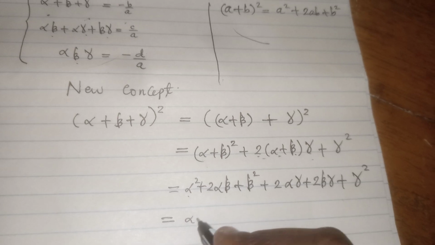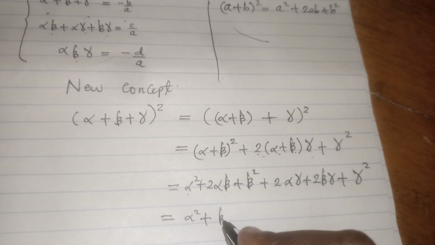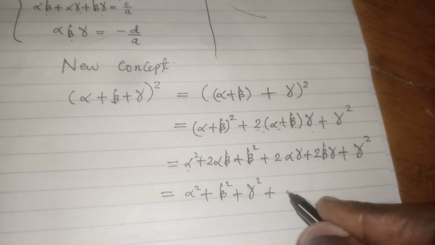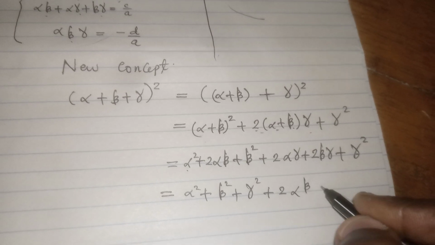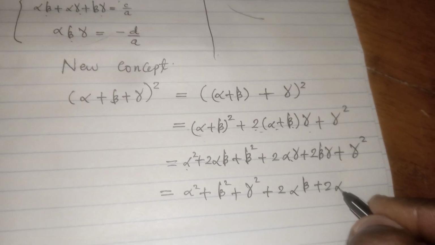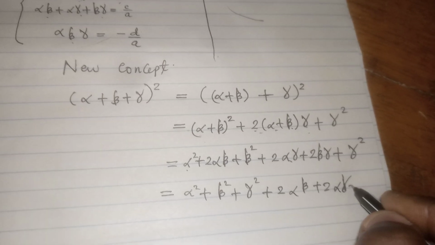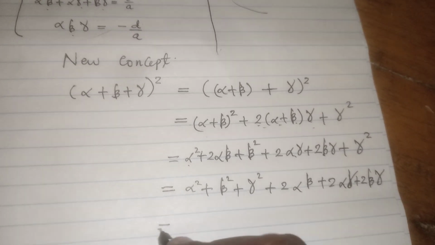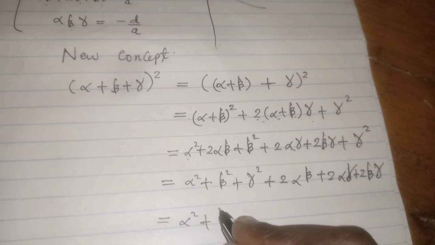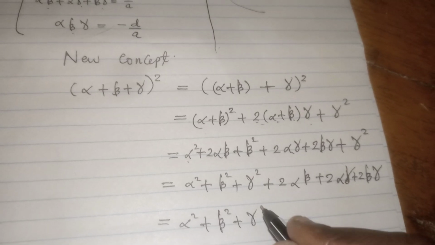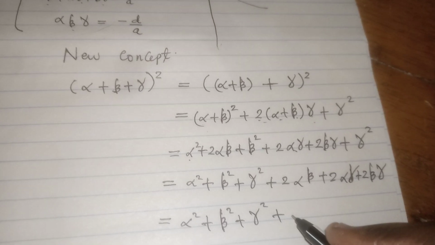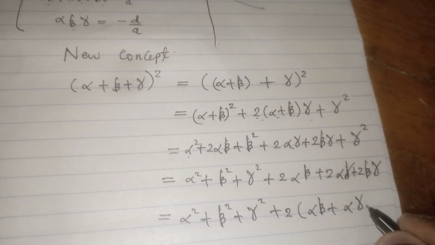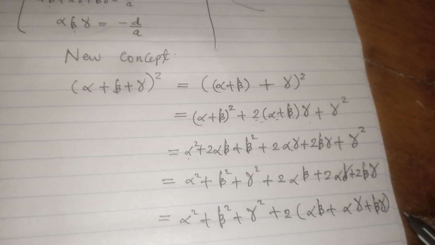Now if we arrange in good form, alpha squared plus beta squared plus gamma squared, then plus 2 alpha beta plus 2 alpha gamma plus 2 beta gamma. Now the common factor here is 2, so we get 2 times alpha beta plus alpha gamma plus beta gamma.